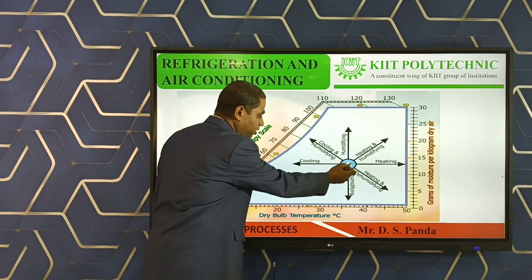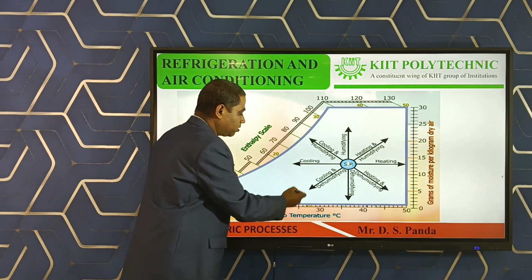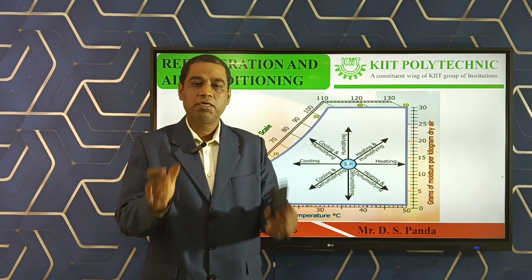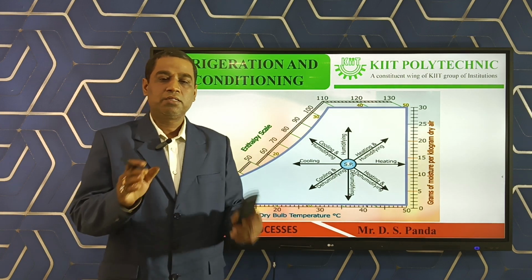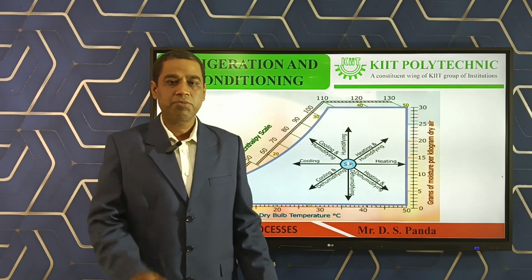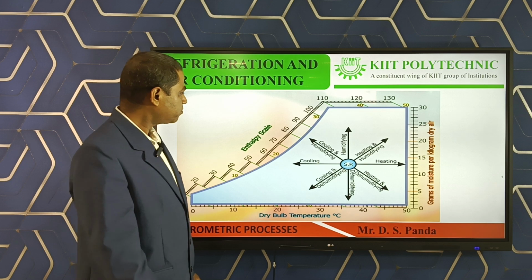The dry bulb temperature here is more than here, the second state, then it is sensible cooling. At the same specific humidity, if the dry bulb temperature is reducing, then it is sensible cooling.